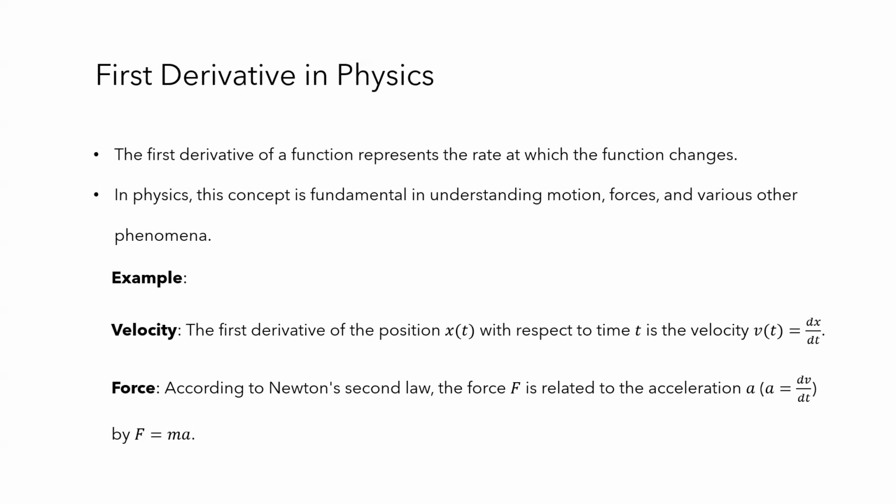So for that purpose, if the velocity is given, or the function of the velocity is given, you need to calculate the first derivative. Likewise, even in simple physics problems, you are using differentiation, and you know that you can use integration to calculate the area of a function between some points in space.